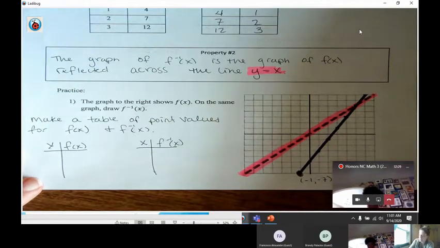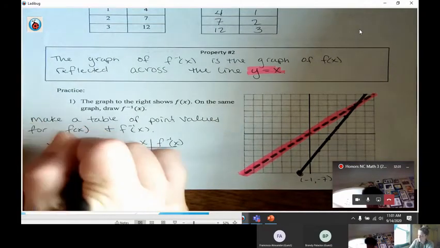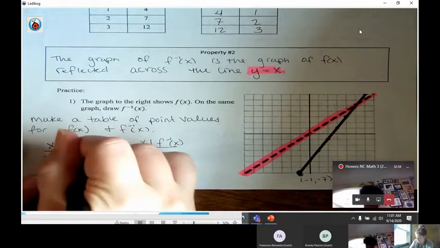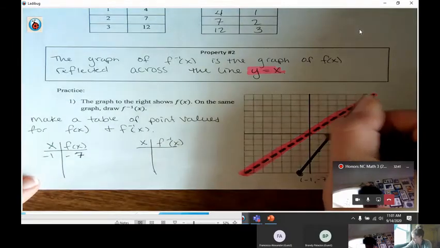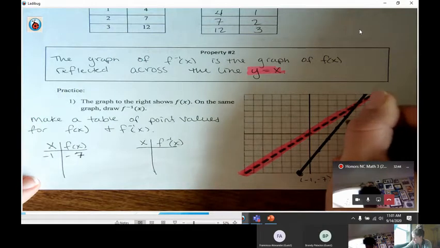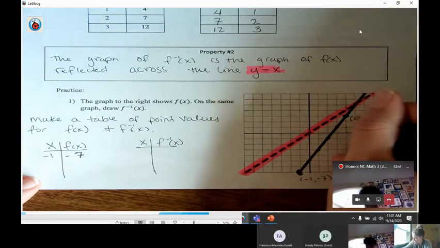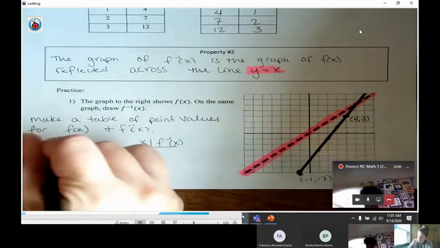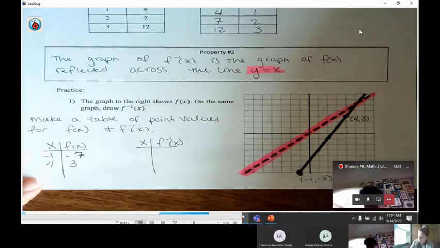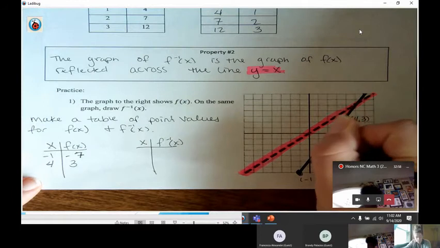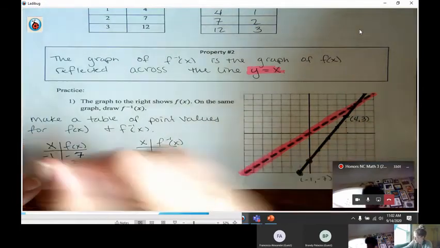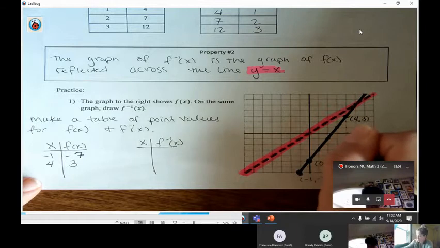So my first point is going to be -1, -7. Okay. I also have the point 4, 3. So 1, 2, 3, 4. 1, 2, 3. This is the point 4, comma 3. And then my last one is 0, -5. I'm sorry. That's also on my graph.